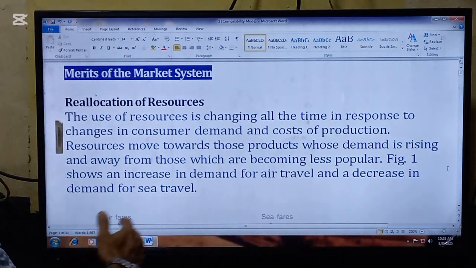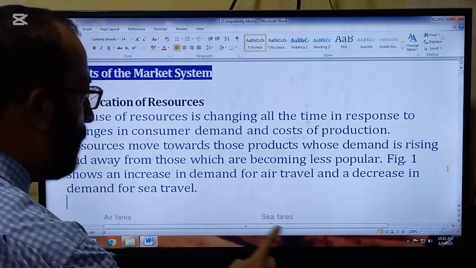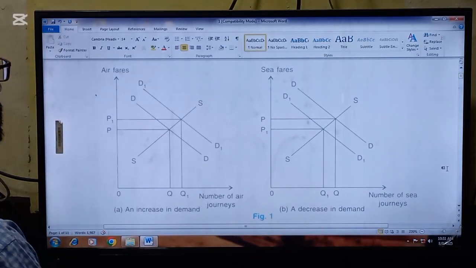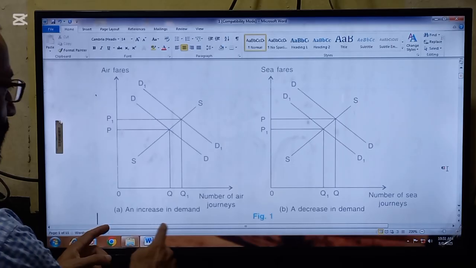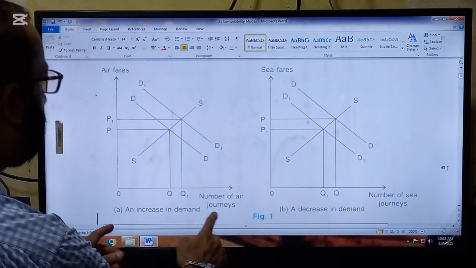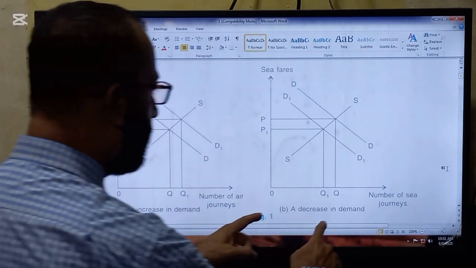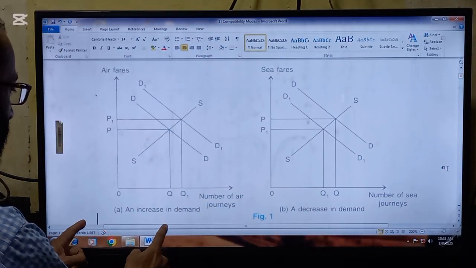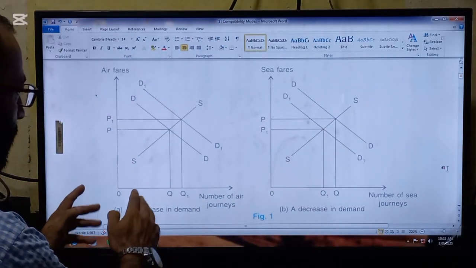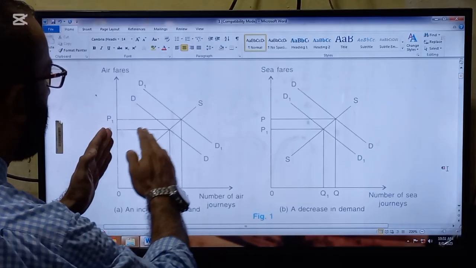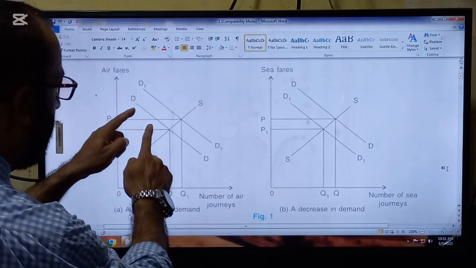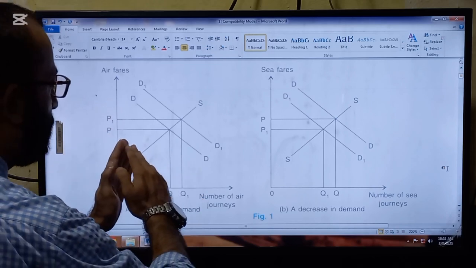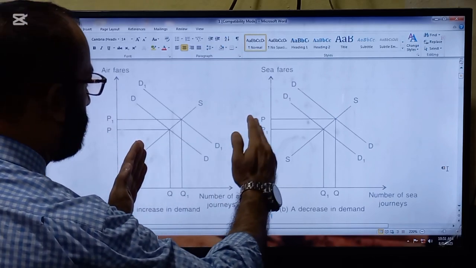Figure 1 shows an increase in the demand for air travel and a decrease in the demand for sea travel. So here you can see this is the air travel figure and this is the sea journeys figure. In part A, you can see the demand for air travel is rising. So the original demand curve is DD, and the demand curve will shift towards the right or outward.